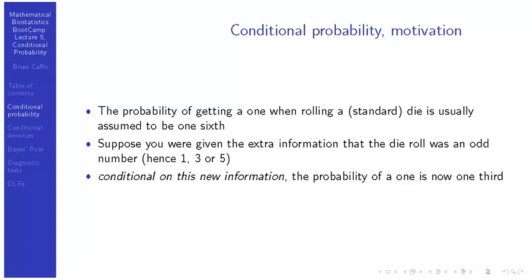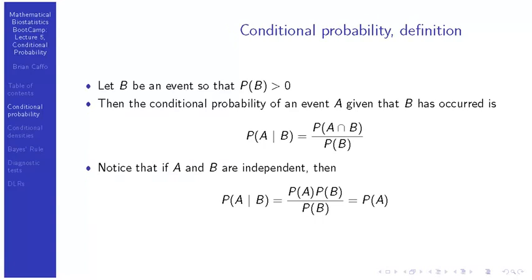A 2 or a 4 or a 6 is not possible given this extra information. Then conditional on this new information, everyone would probably agree that the probability is now 1/3. And all we're going to do in the next couple of slides is mathematically develop these ideas a little bit more completely. So let's develop the notion of conditional probability just generically talking about events.